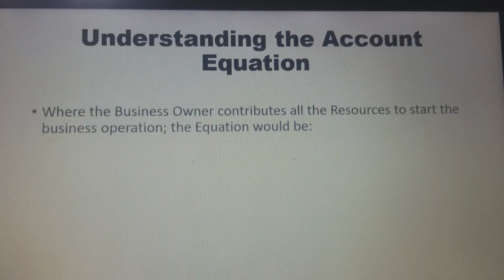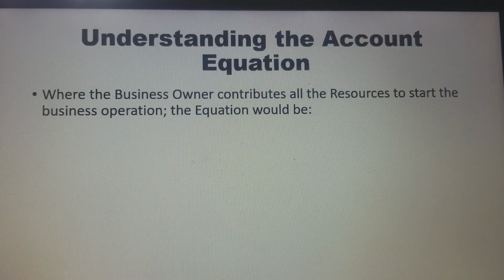Let's move on. When the business owners contribute all the resources to start the business operation, the accounting equation would be asset is equal to capital. What are we saying here?